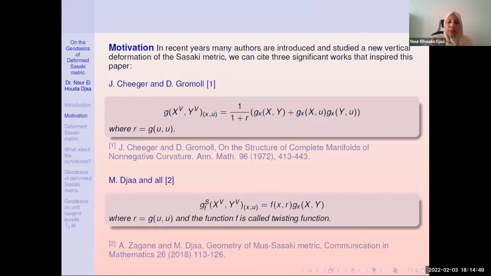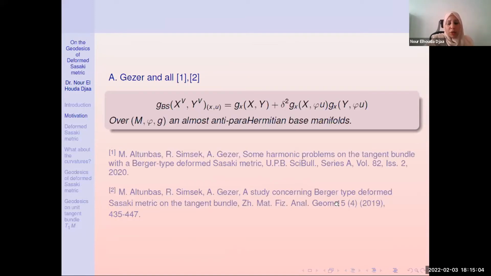And the metric introduced by Professor Mustafa Jah, who chose to deform the Sasaki metric by multiplying g by the function f of r right here, where f is called the twisting function. The metric introduced by Professor Aydin Gezer, who added this part right here to g(X, Y) over an almost anti-paraHermitian Norden manifold. You can check these two references right here for more details.